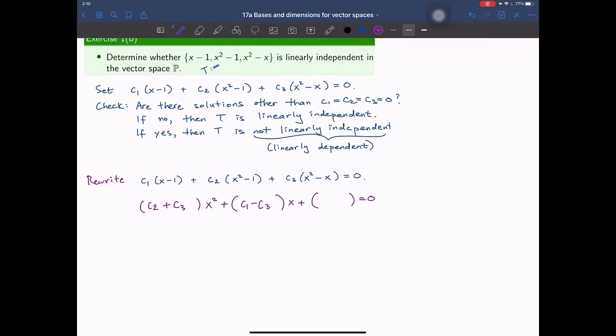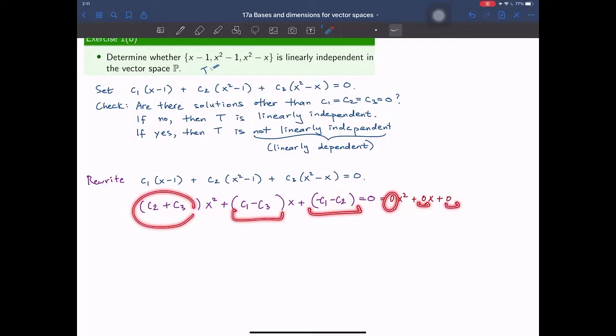And the constant terms are negative C1 minus C2. The 0 polynomial is the same as 0 times x squared plus 0 times x plus 0. So this means that C2 plus C3 must be equal to 0, and then C1 minus C3 is equal to 0, and negative C1 minus C2 is equal to 0.